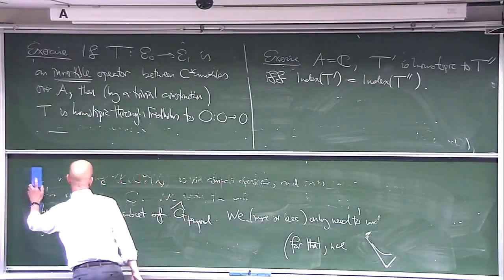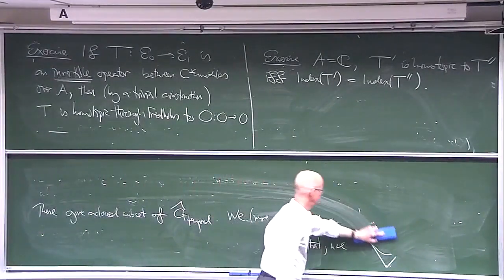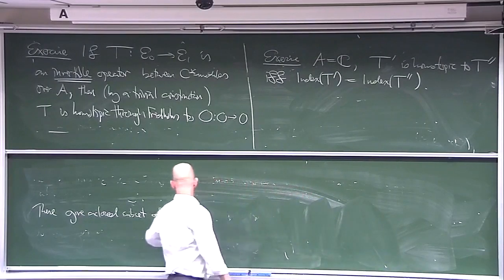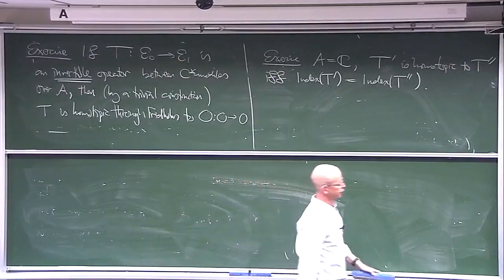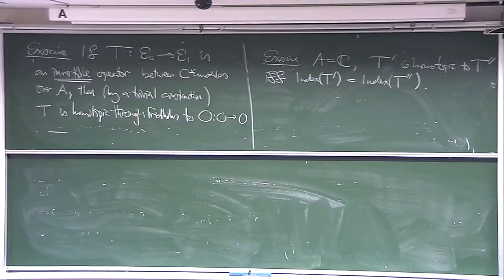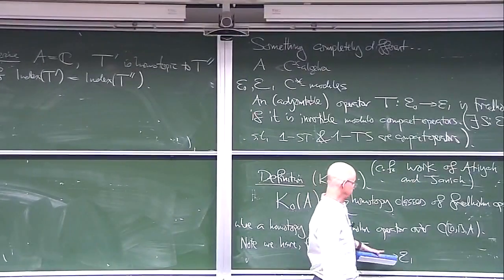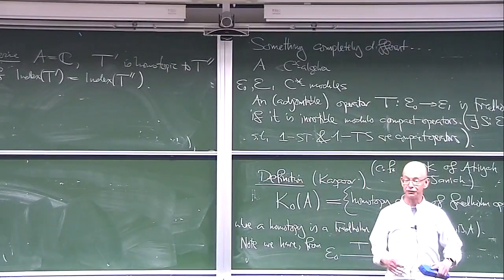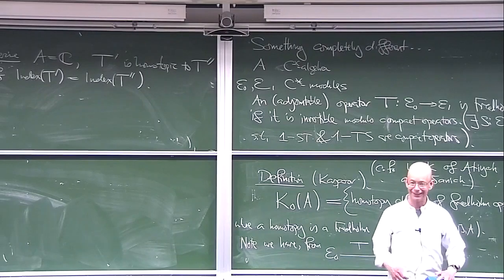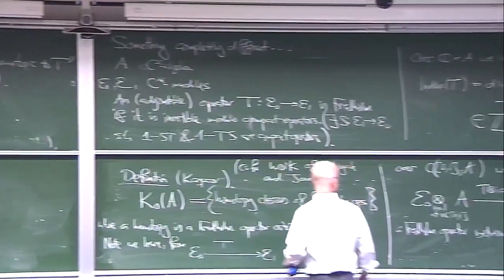So let me say in more detail what's going on here. A homotopy is by definition such a thing. Now I need to describe what it means for two operators to be homotopic. Let me just spell that out.